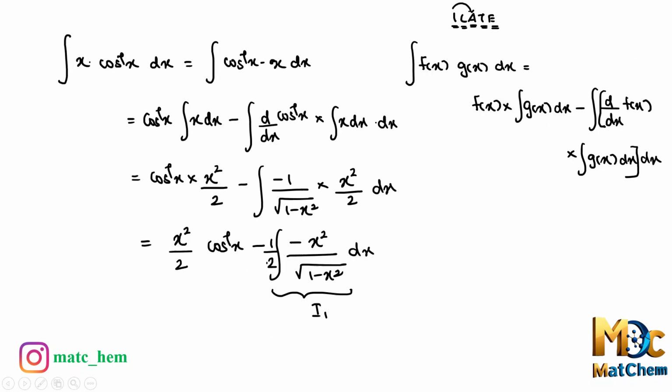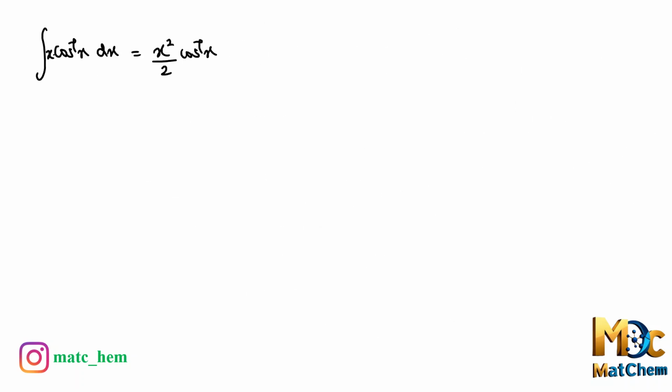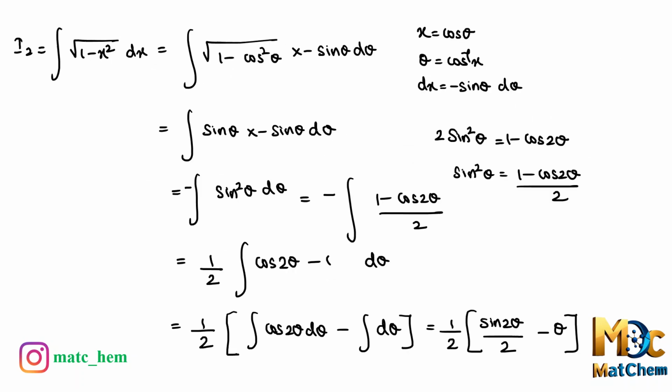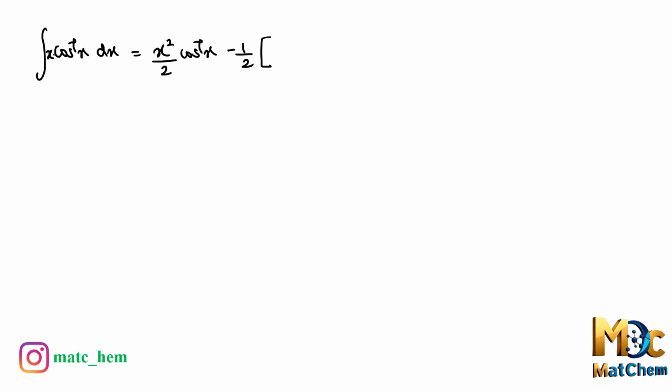Then we have minus 1 by 2 into I1. So what is I1? I1 is I2 minus sin inverse x. So we can introduce sin inverse x.